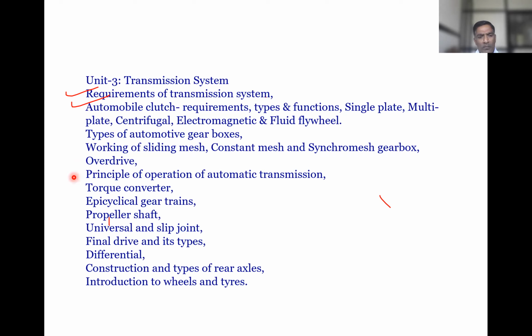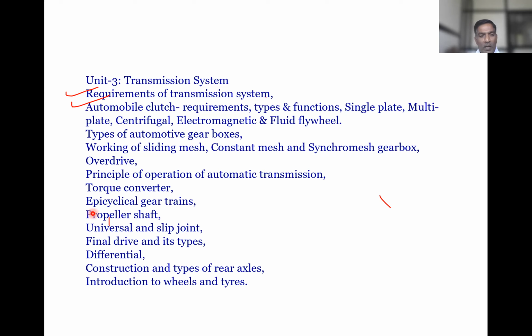Then we are going to see how automatic transmission works. Then the torque converter, a fluid coupling along with a mechanism to increase the torque, which we are going to call torque multiplication. Then what is an epicyclic gear train? Already in the subject Theory of Machines, we have seen the epicyclic gear train. Now in the automobile, we are going to check its application, where it is used.